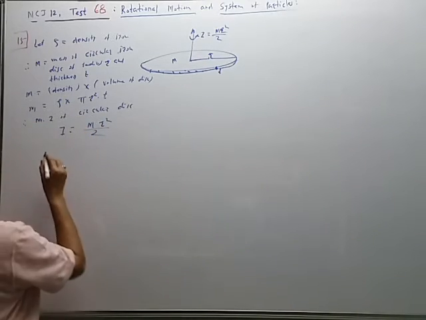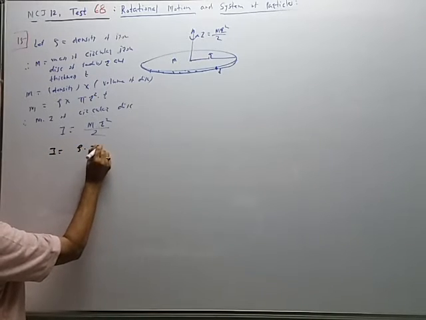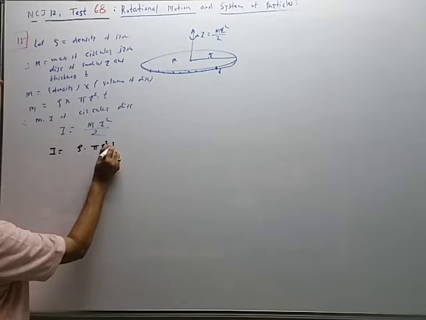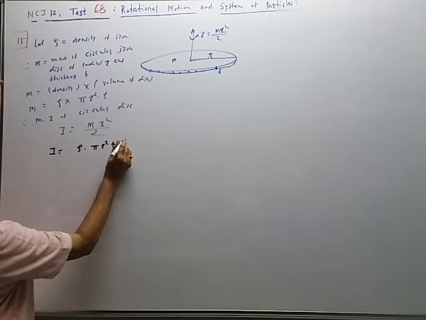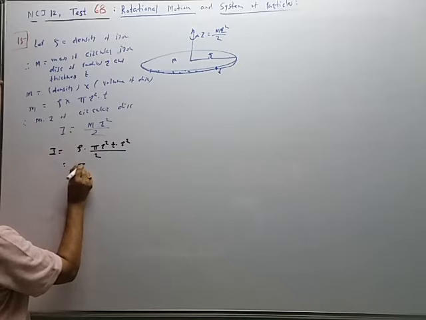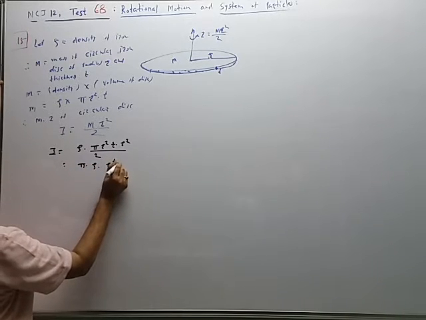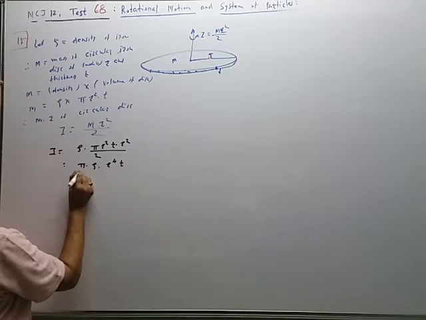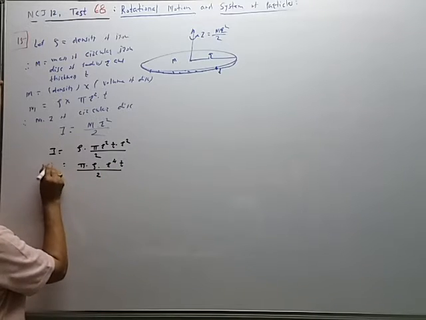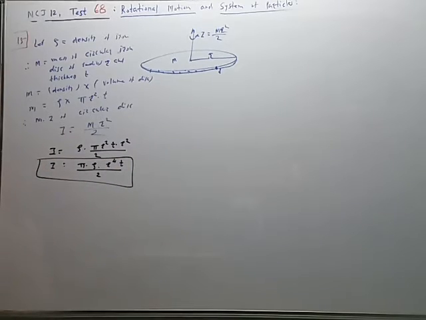So m is substituted as rho multiplied by pi r square T into r square by 2. So this is equal to pi into rho into r raised to 4 into thickness T upon 2. This is the required formula for our problem.